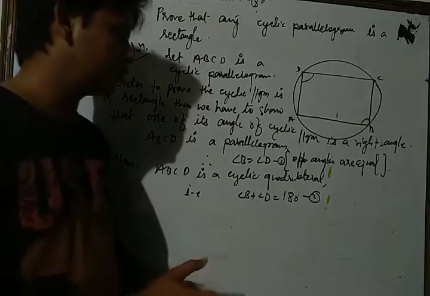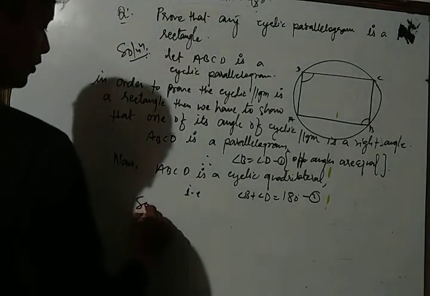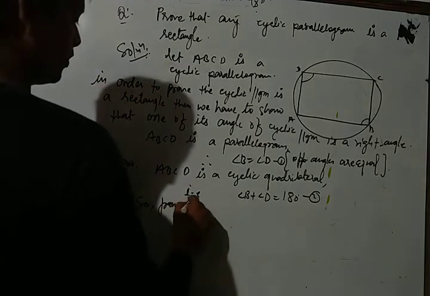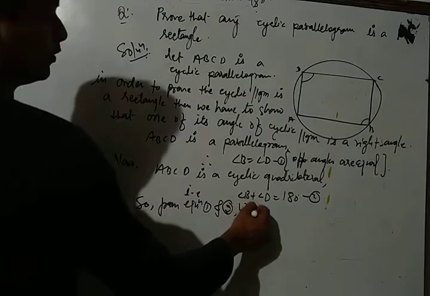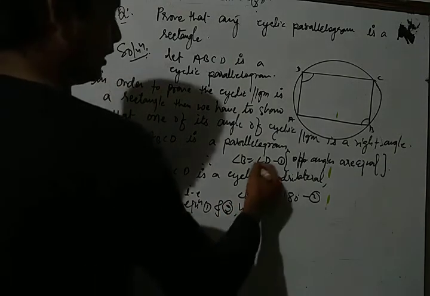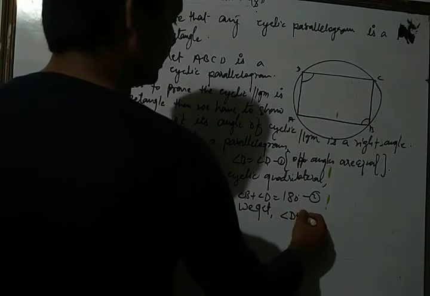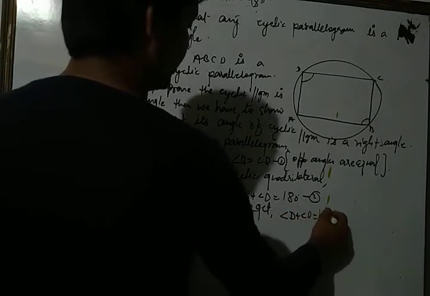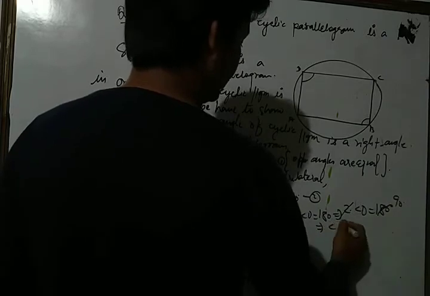Now dear students, using equation 1 and 2, if we put angle B equal to angle D, then we have angle D plus angle D equal to 180. This implies 2 times angle D is equal to 180, so angle D is equal to 90 degrees.